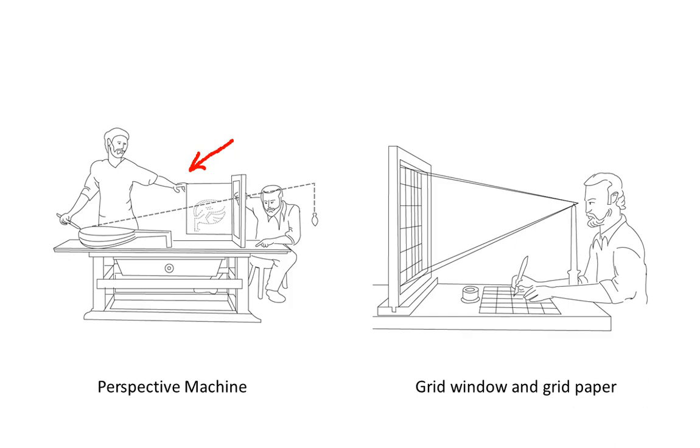Here there are two people, one of them holding a stylus or pen connected to the wall using a tight string. As a person moves it around the object, the string changes its position on a grid window.